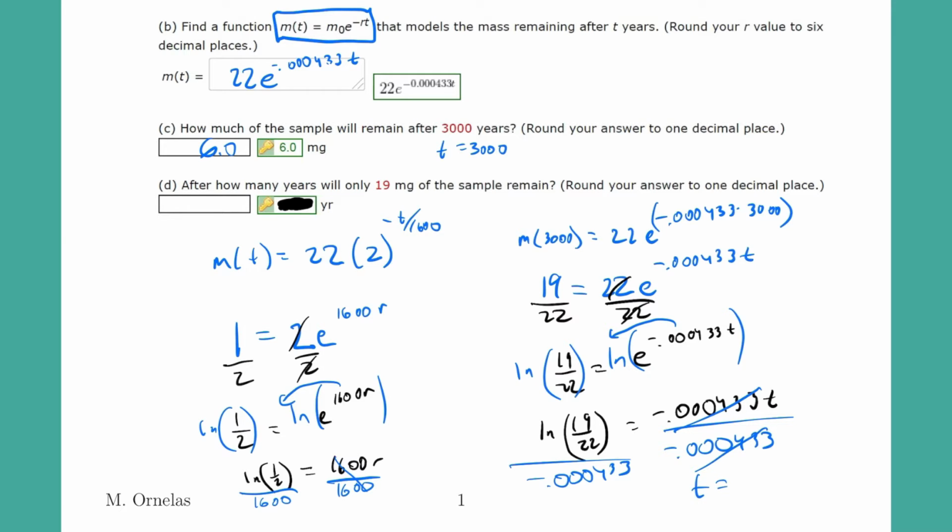T is going to equal whatever that gives us. So on the calculator, natural log 19 divided by 22 divided by negative 0.000433. I'm getting, rounded to one decimal place, 338.6. 338.6. Let's see if that's right.